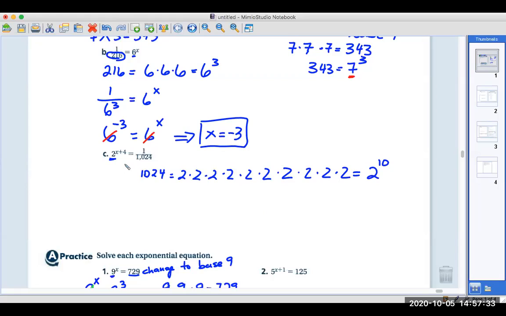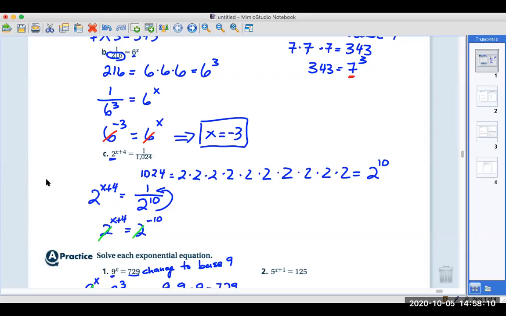right? So now, but remember, it's the one under. So 2 to the power of 10 is in the bottom of a fraction, and this is not a fraction. So I have to kind of fix it. You cannot just drop it out now because this is not the same base. So what do I do? I'll bring it to the top, and make the exponent negative. And the bases are the same.